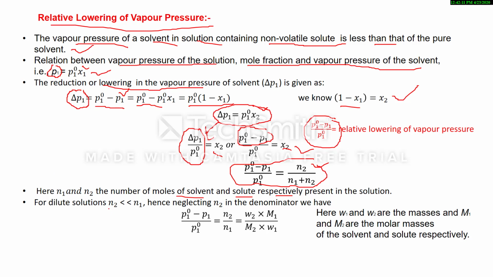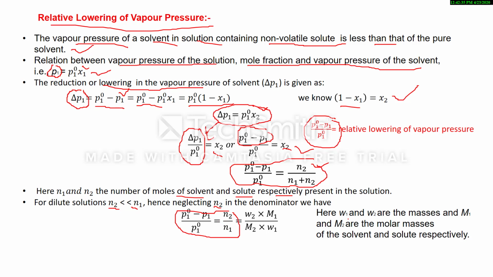And for a dilute solution, when the solute is present in a very small amount, n2 is very small compared to n1, and in the denominator we can neglect n2. Then we have the relationship that relative lowering of vapor pressure is equal to n2 by n1.